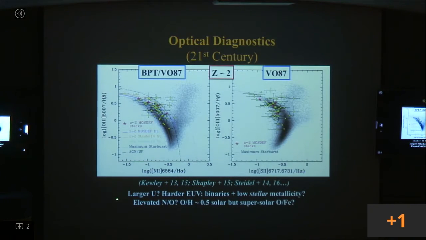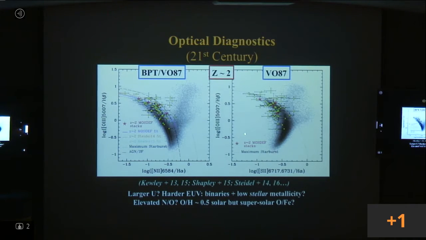So there are a number of possibilities that have been suggested by Alice Cooley in 2015, Shapley in 2015, and Chuck Steidel in collaboration in 2016, that involve larger ionization parameters and harder EUV, which perhaps is not too surprising if you have lower stellar metallicity at redshift 2. But they also require binaries to make it really hard.